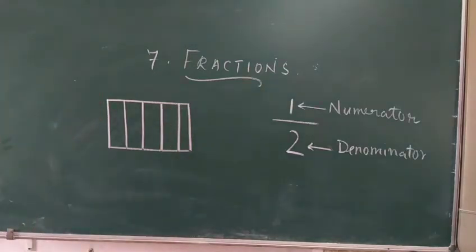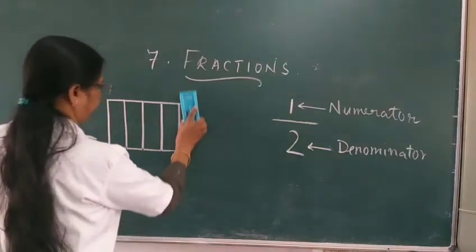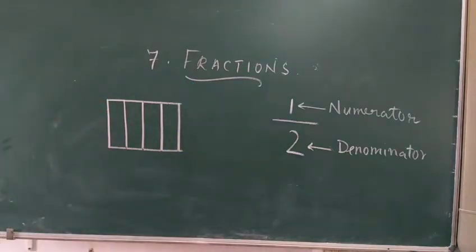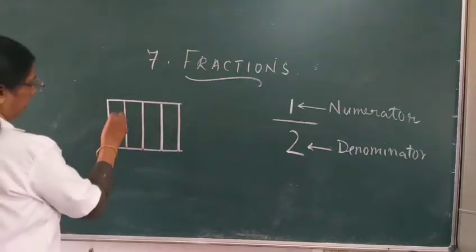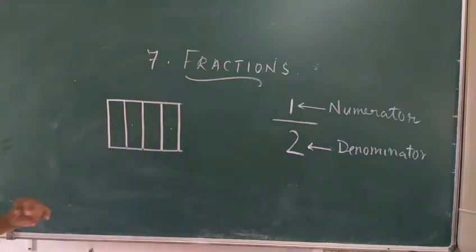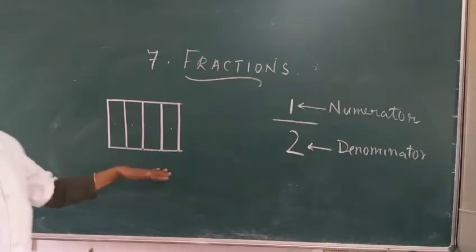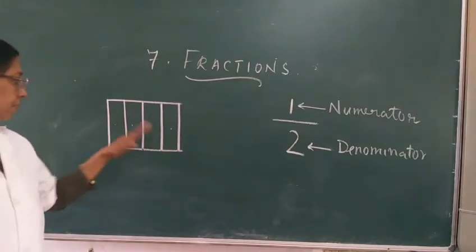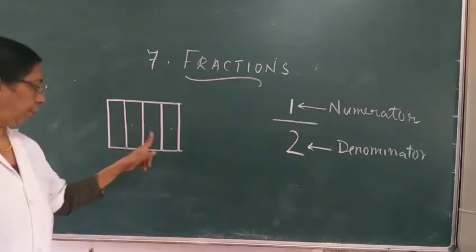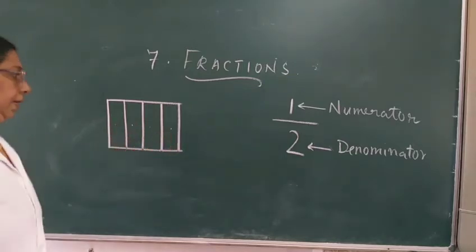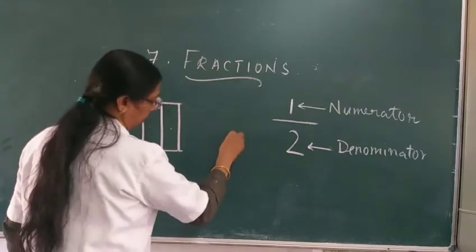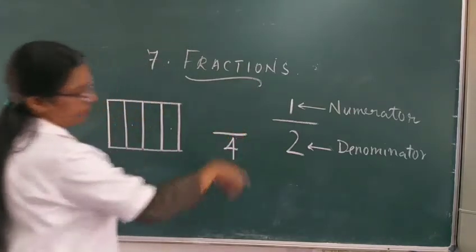We have 4 parts. I divide this whole object into 4 parts. That means the total number of parts is 4. That represents the denominator, that is below this line.